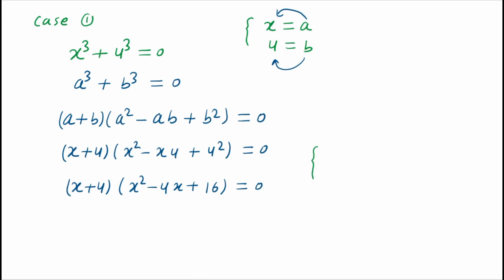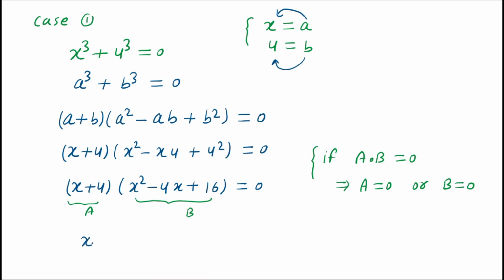Here we will apply this rule: if a into b is equal to 0, this implies a is equal to 0 or b is equal to 0. Here this expression is a and this expression is b.